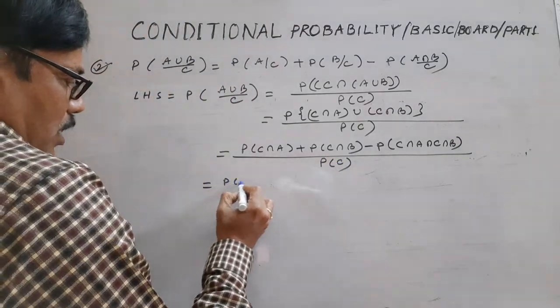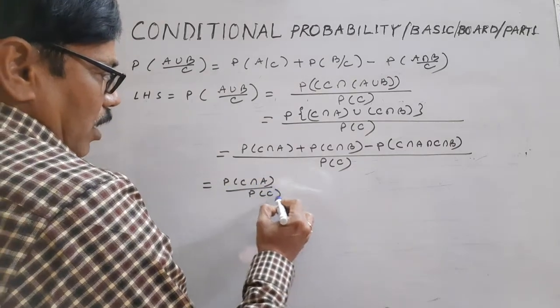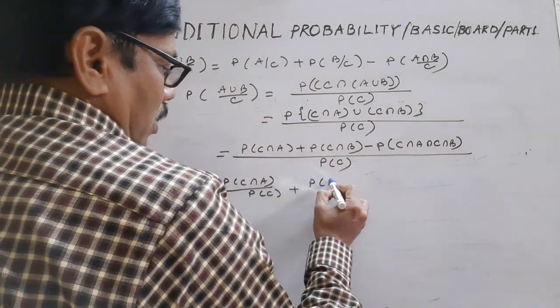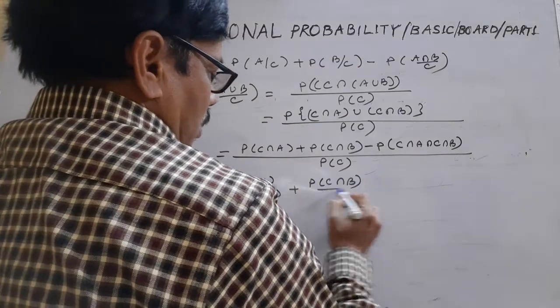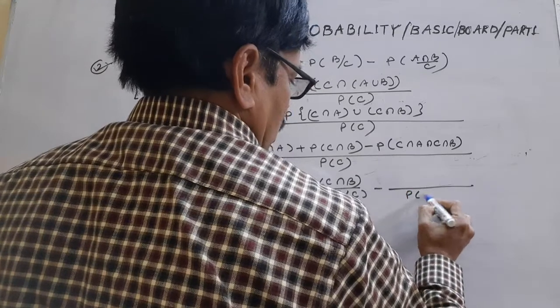Now this is P(C intersection A) by P(C). Make it into three parts: P(C intersection B) by P(C), and this is P(C).